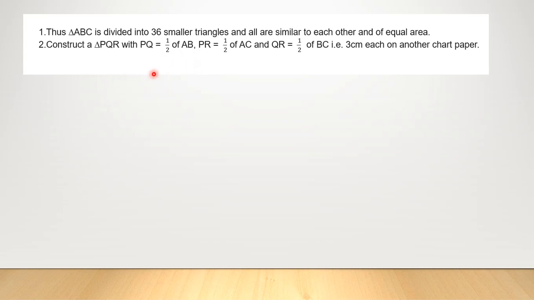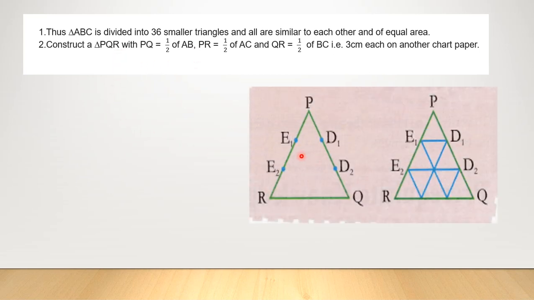That is, we will take here triangle PQR of side 3 cm, and in the same way, by taking points at 1 cm distance on all three sides and joining them by making the parallel lines, we get the triangle PQR having 9 small triangles. So we can say here the area of this triangle PQR is the area of 9 small triangles.